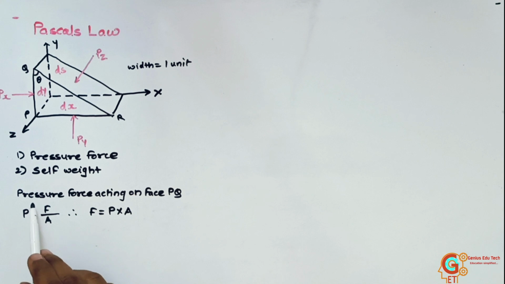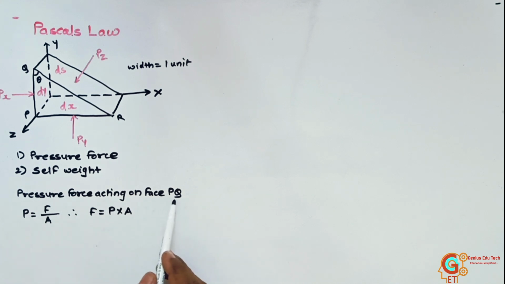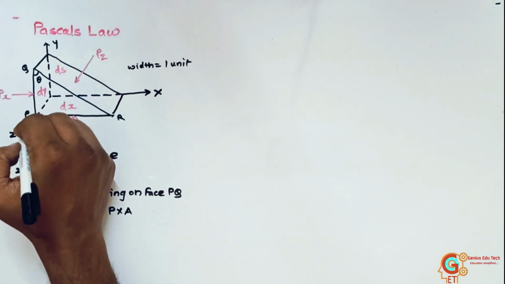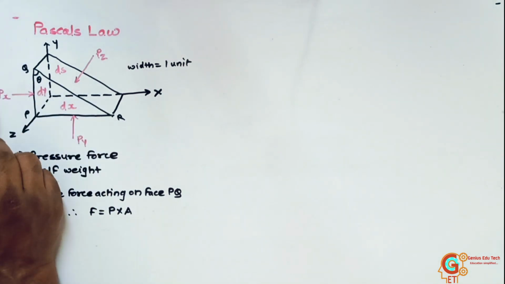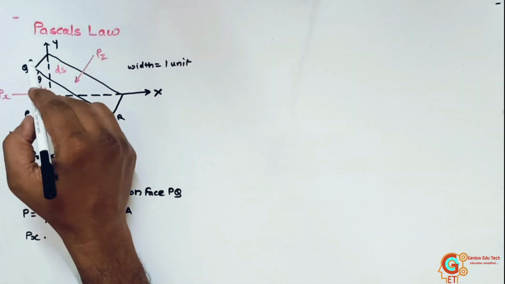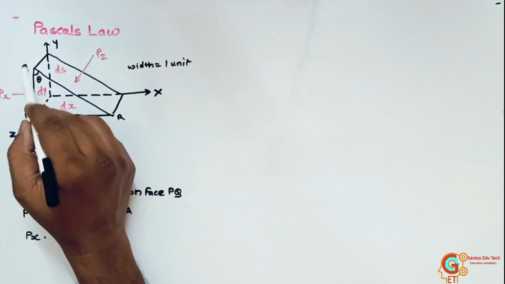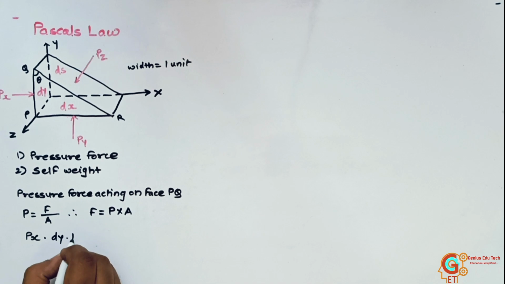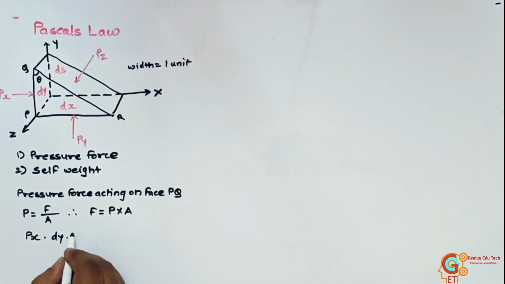Now the pressure force acting on face PQ will be pressure intensity on PQ, which is Px, into area of face PQ, which is dy, into unity width, that is 1. So we will write it as Px dy.